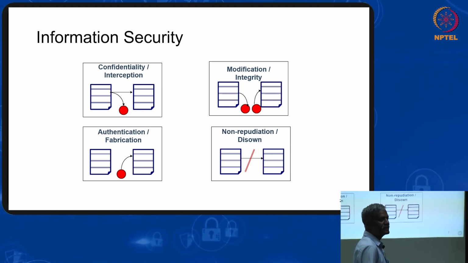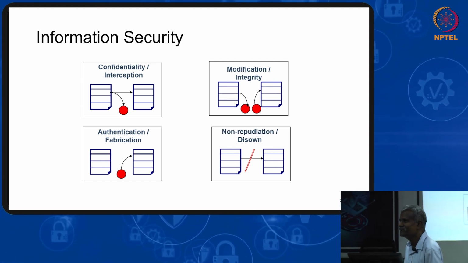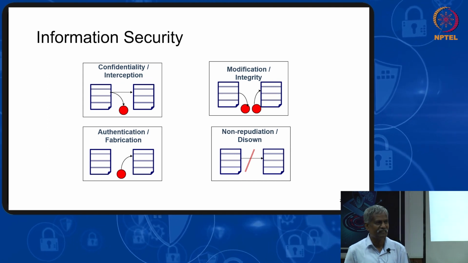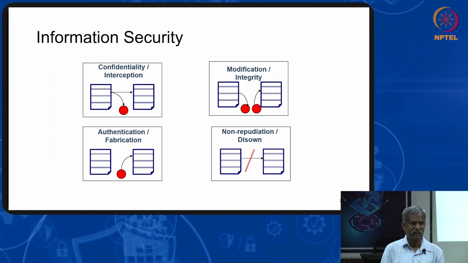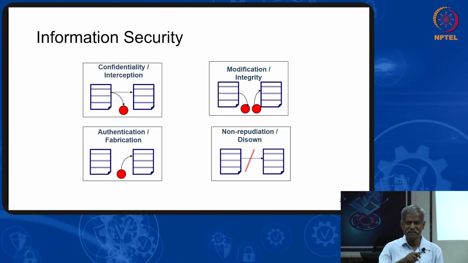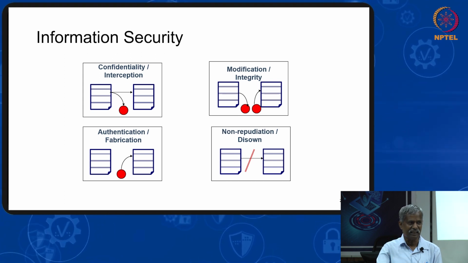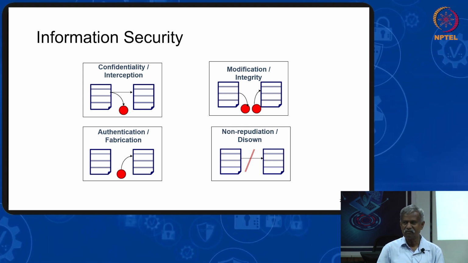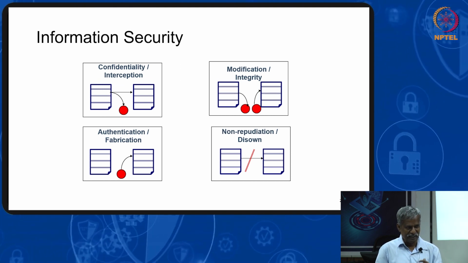Non-repudiation means somebody sends a message, but that message is disliked by many people. For example, it is against somebody or against a group, against the country. Then, who is the sender? They will trace out and ask. He will say that I did not send the message, in my name somebody else has sent.